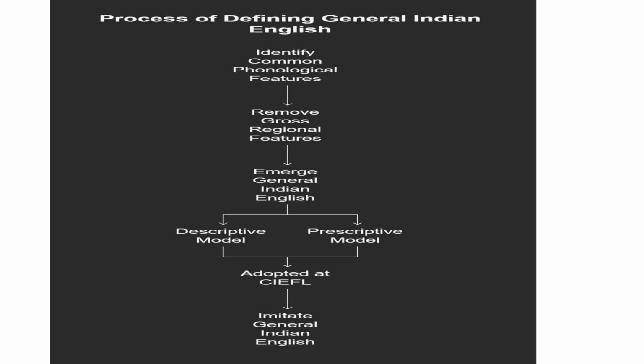Here we put the common phonological features of several varieties of Indian English together and remove from each variety certain gross regional features. So we can identify common phonological features from all the varieties of Indian English, Tamil English, Malayalam English.